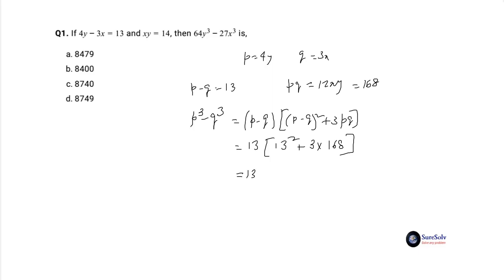Equal to 13 multiplied by 169 plus 504 equal to 13 multiplied by 673 equal to 8749. Answer is option D 8749.